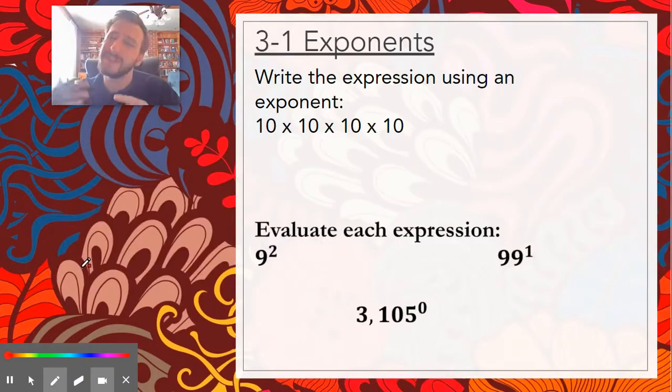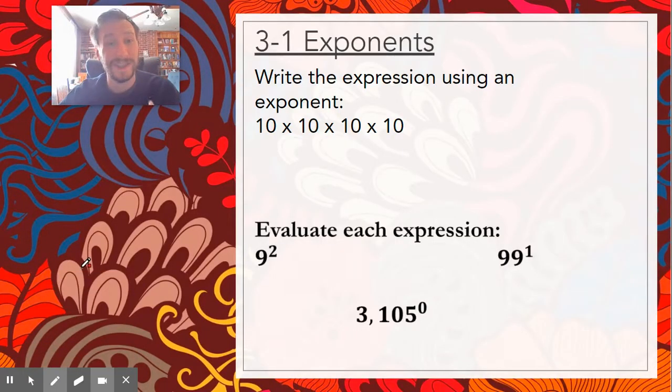So to start off with, the first thing we learned in topic 3 was exponents, and you all did fantastic with that. So I don't think I have to spend too much time on this material, but just for a quick refresher, exponents are just repeated multiplication, right? You have a base and you have an exponent. The exponent is the little number.